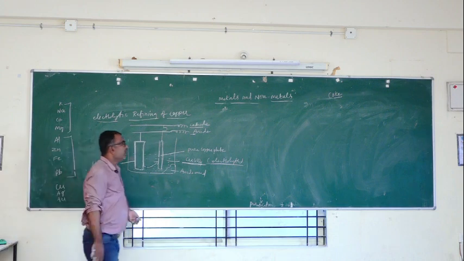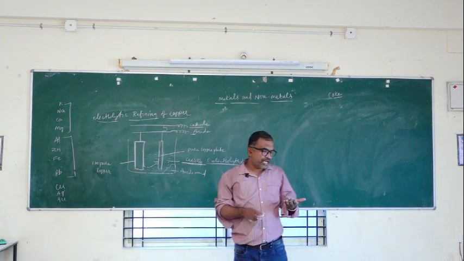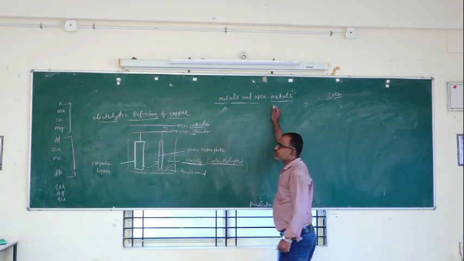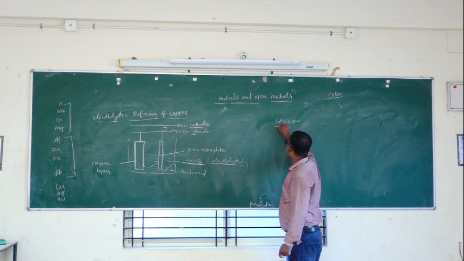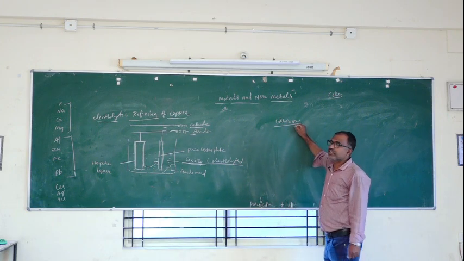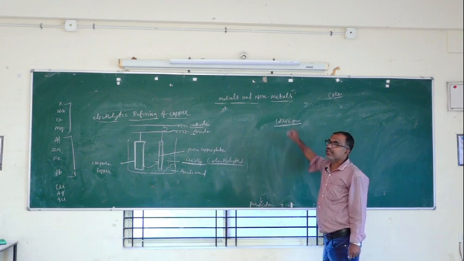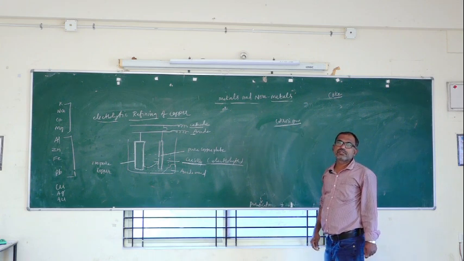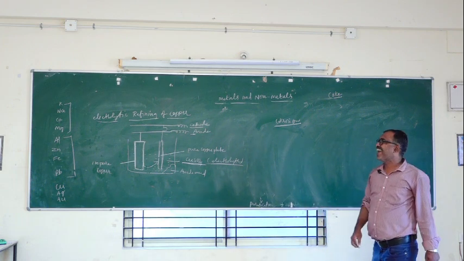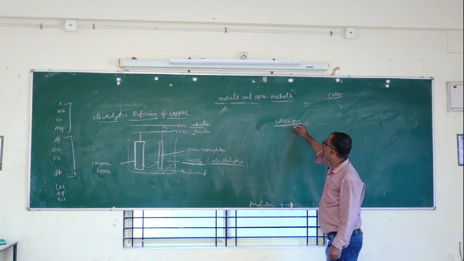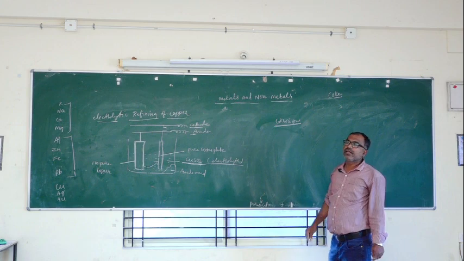After this refining of copper, there is a concept called corrosion. In the first chapter itself, you have discussed this corrosion. What is corrosion? In the first chapter, the substances which are attacked by acids or moisture is said to be corrosion.